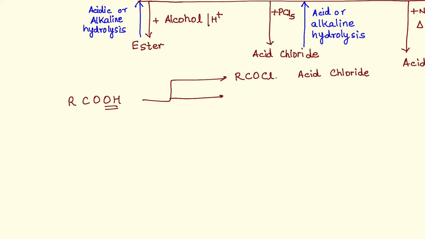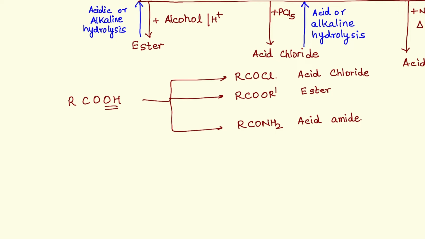You replace the OH by an OR dash, that is an alkoxy group, and it becomes an ester. You replace the OH by NH2, and I have an acid amide. Everywhere I am replacing the OH.